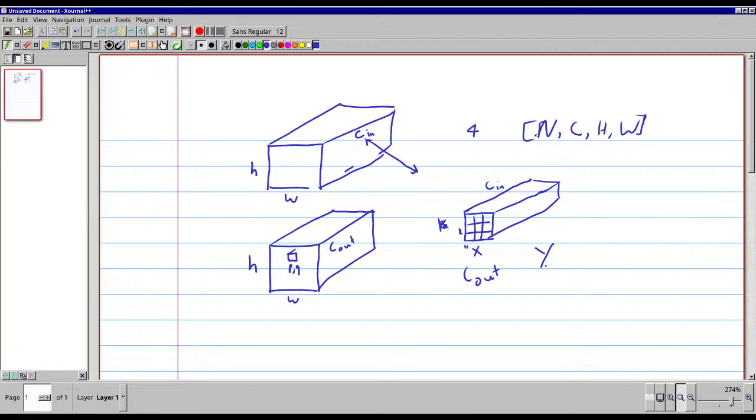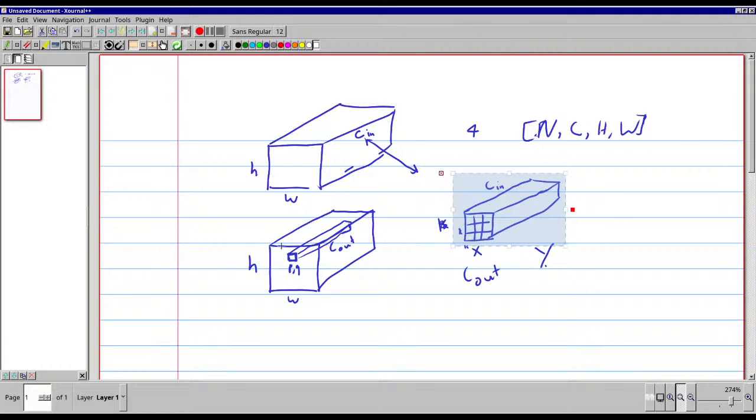So this entire P and Q is going to be P and Q and C out. Let's not care about C out because it just depends on how many filters you have. But P and Q itself for each slice is determined by the convolution filter of that specific slice.